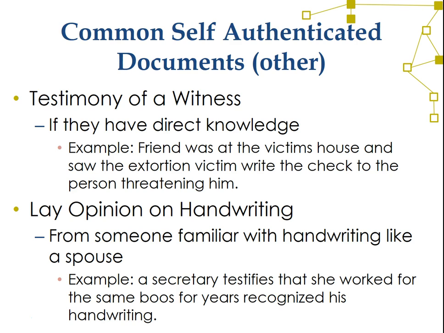Commercial documents such as letters of credit are self-authenticating if they comply with the requirements stated in what we call the Uniform Commercial Code. Newspapers and periodicals fall into this group. Now, note that the newspaper is self-authenticating, but that does not guarantee that the stories are in fact accurately reported, right? So you have to remember that.